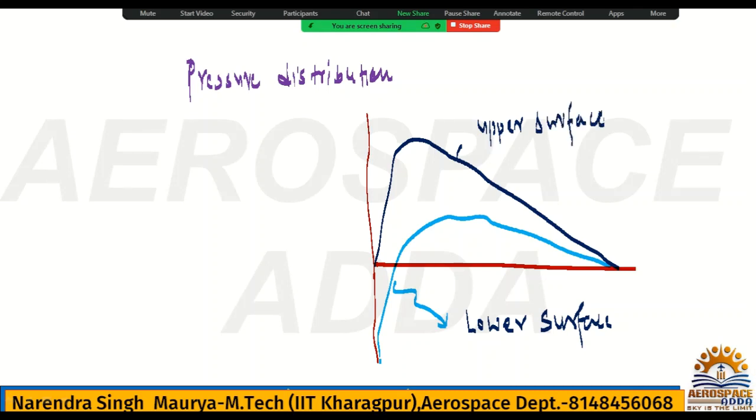Upper surface. You can follow any book for this pressure coefficient and pressure distribution, which is called Anderson, or Houghton and Carruthers. That book you can check, an aerodynamics book, Houghton and Carruthers. Very nicely they have explained the diagram and all.